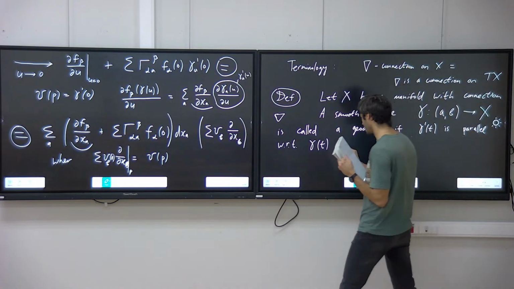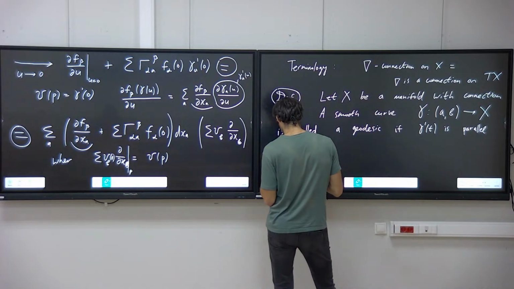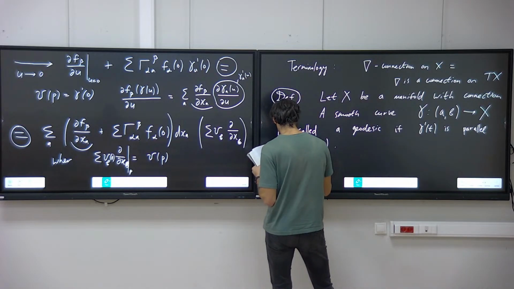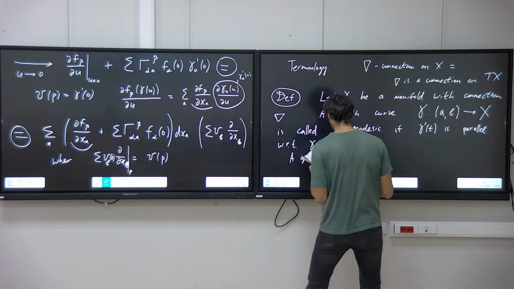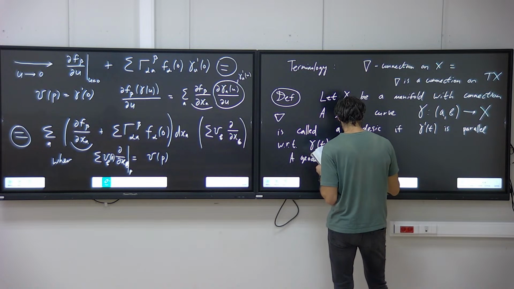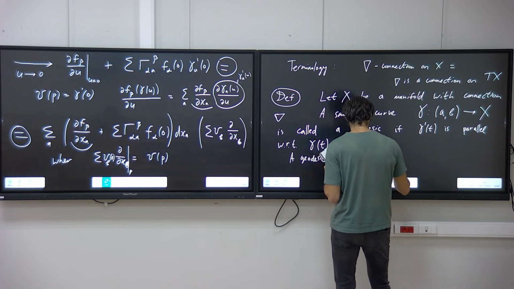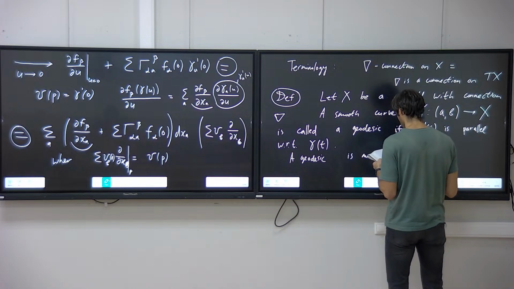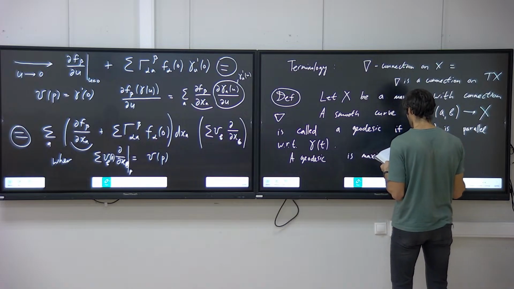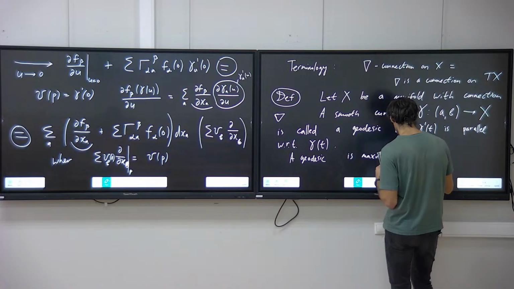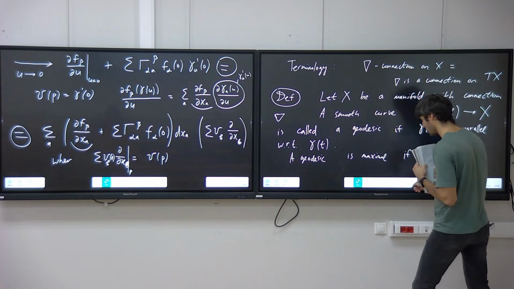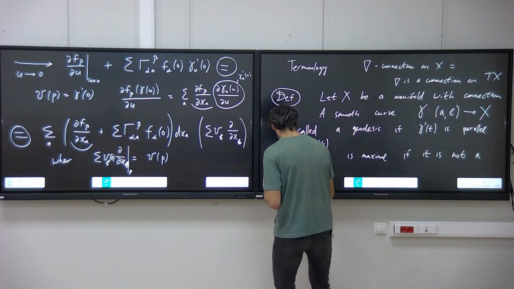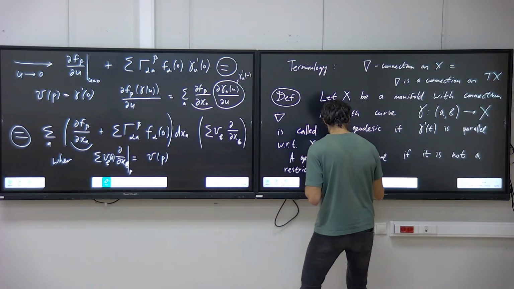And then another part of this definition: what is a maximal geodesic? A geodesic is maximal if it is not a restriction of another geodesic.